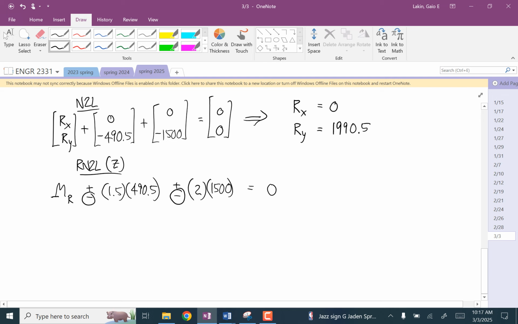This is all equal to 0. So MR is equal to 3735.75 Newton meters.